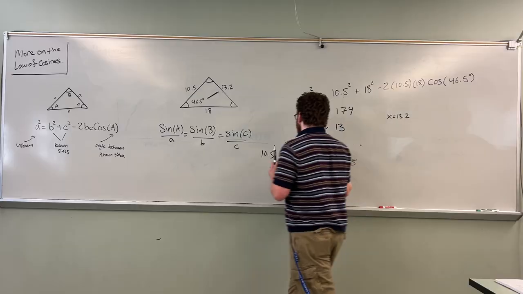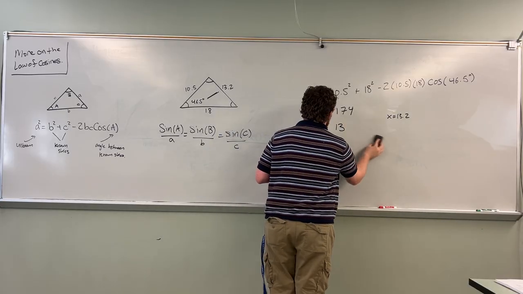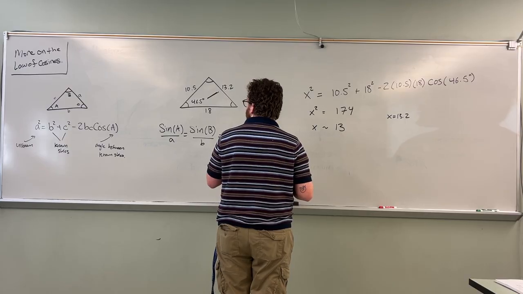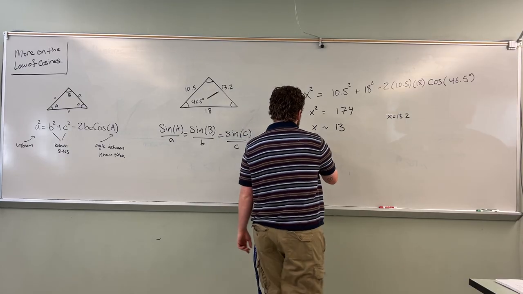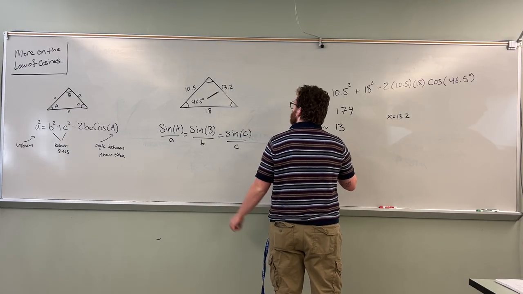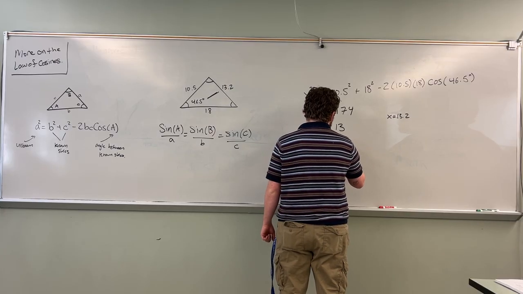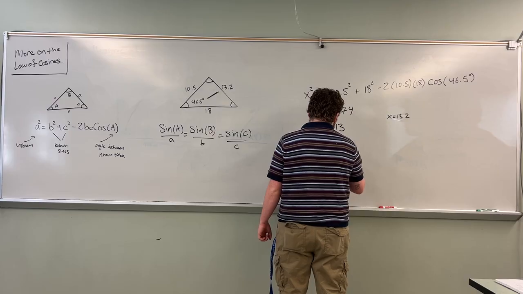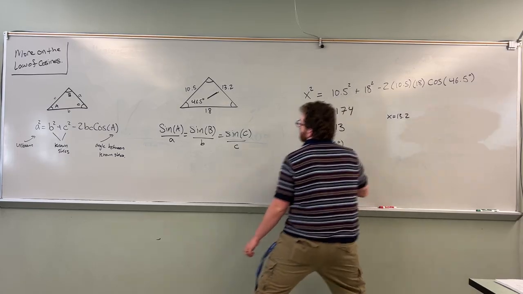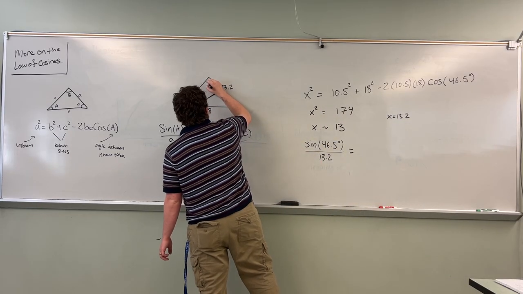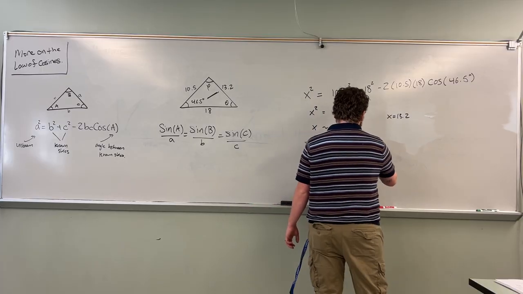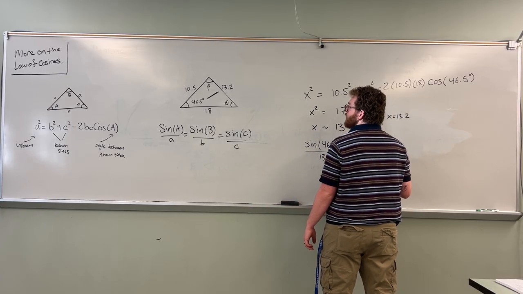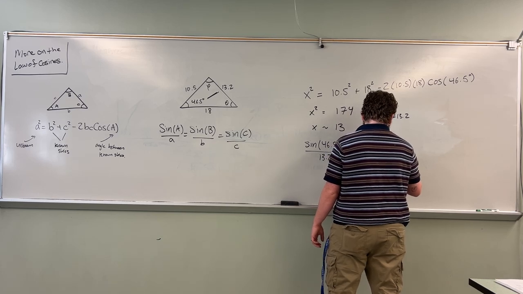I probably made just some small error somewhere. I need to check it. So that 13.2 was good. That was from law of cosines. I can then say sine of 46.5 degrees divided by 13.2 equals, this was theta and phi, sine theta divided by 10.5.